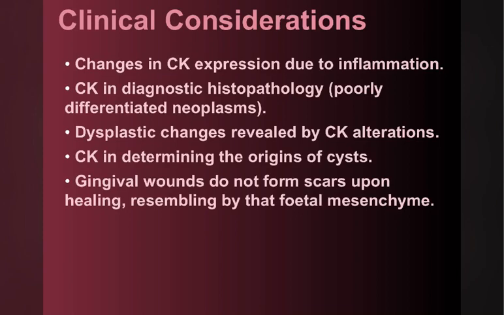Each type of epithelium has its own cytokeratin profile. So by comparing the cytokeratin profile of the epithelial lining of the cyst with the known cytokeratin profiles of other epithelia, they can determine the origin of the cyst.